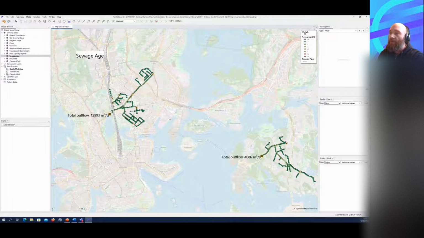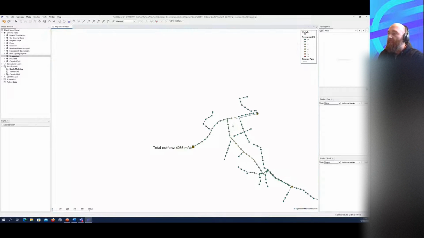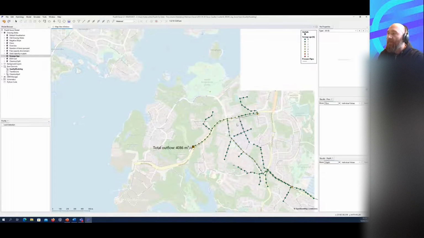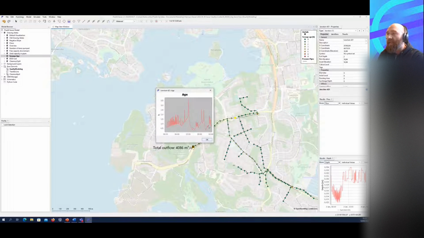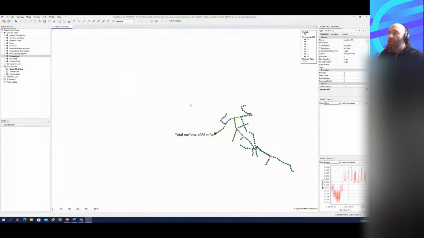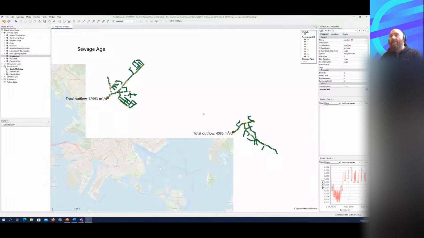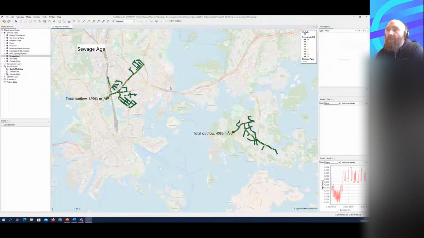In my small model with mostly gravitational pipelines, I don't have that long time. Here, I think is the longest, if I see how much it stays here on average, so like 3 hours. If you're modeling long transfer lines and long pipelines, it's kind of nice to see how long the water stays here.